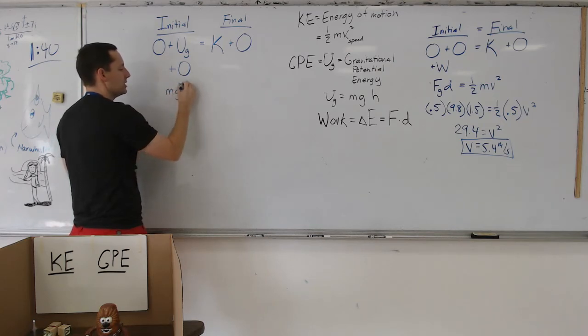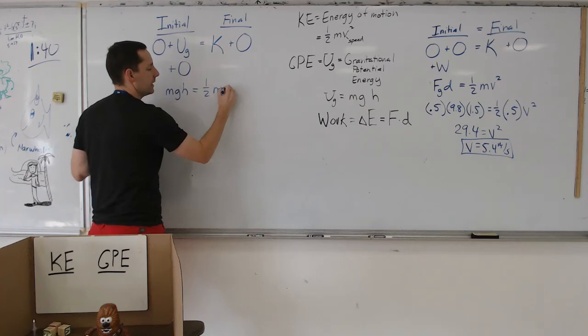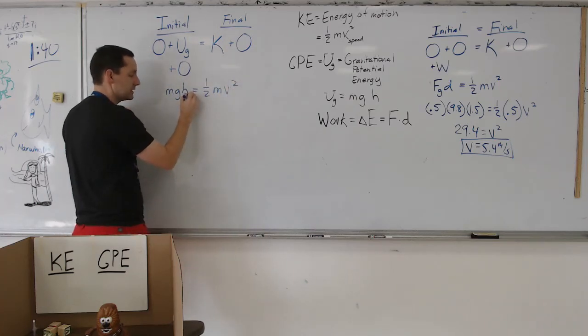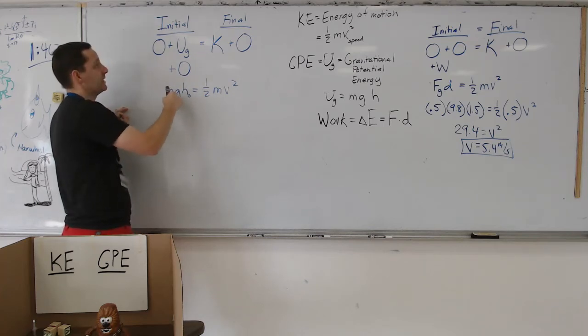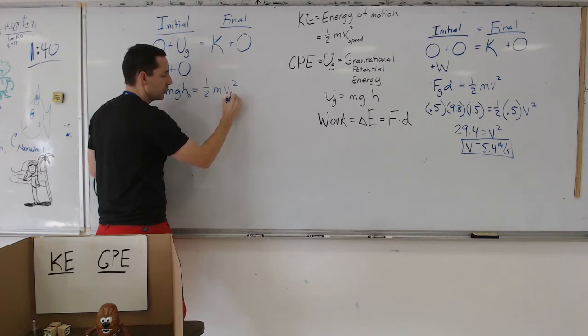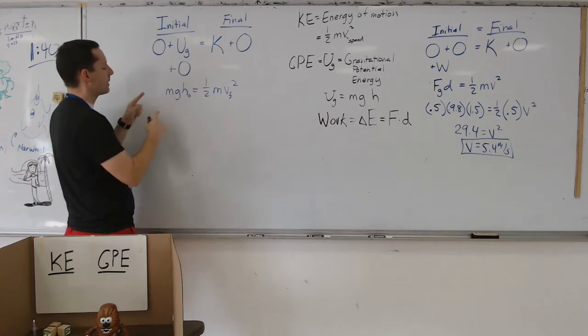So our mgh, and then in the end, we're going to have 1/2 mv squared. If it's helpful, you can put a little 0 here to remind you that this is initial, and over here, you can put a little f for the velocity final, because that is going to be our final speed.